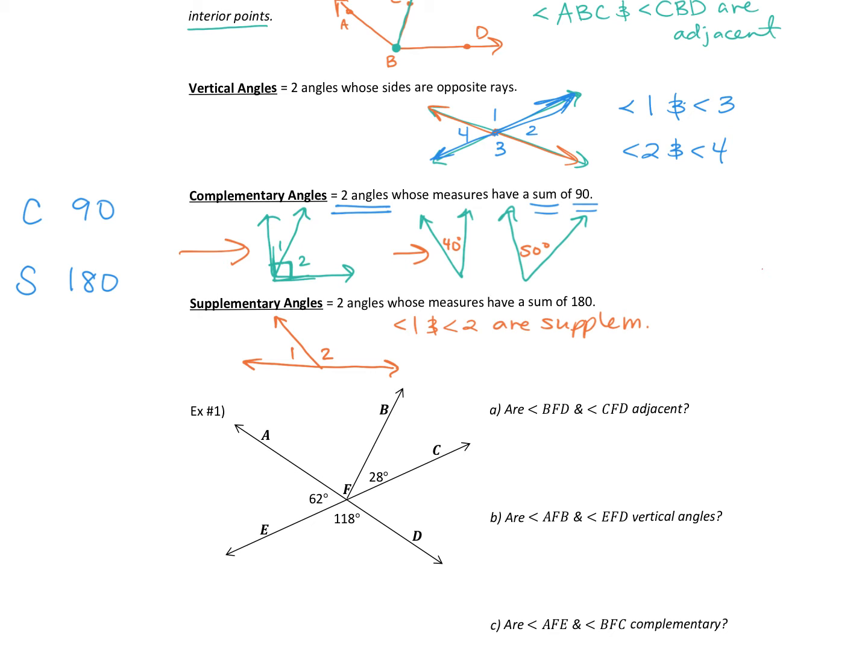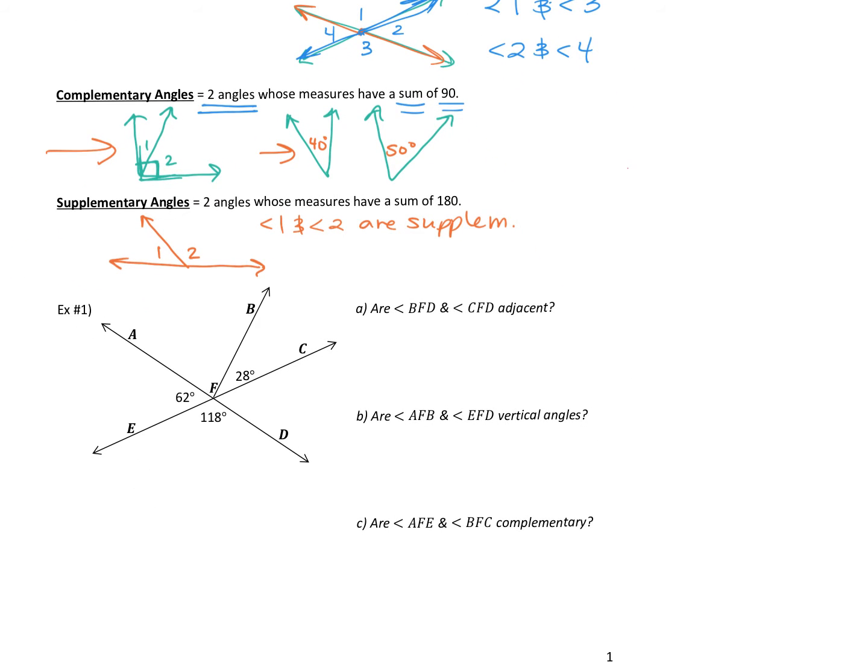Okay, but again, they don't have to touch each other. So if I were to give you a 120 degree angle here, and a 60 degree angle here, those two angles are still supplementary. They add up to 180 degrees, okay? Two angles, 180. Any questions on any of that?